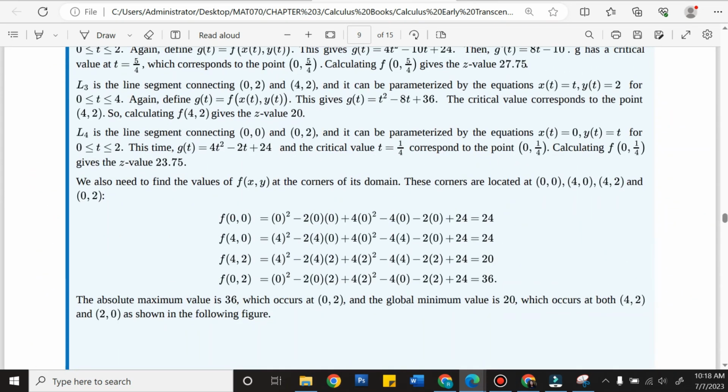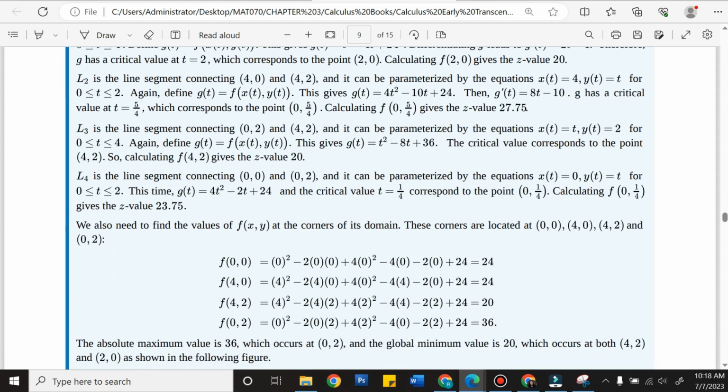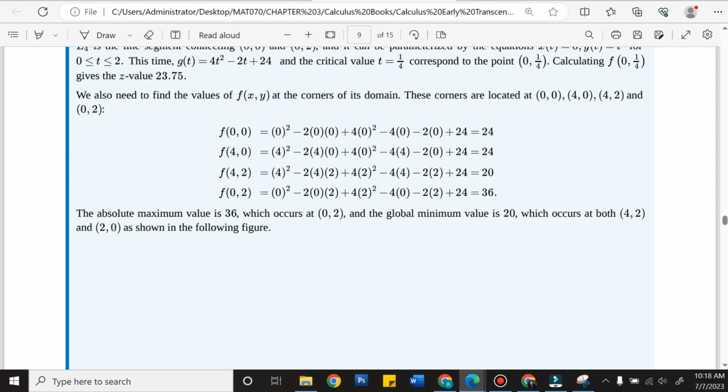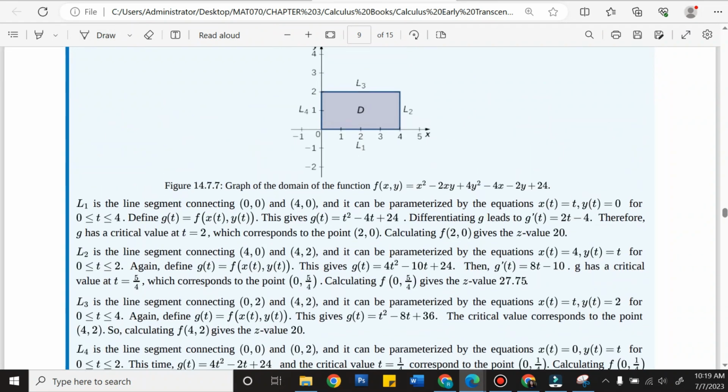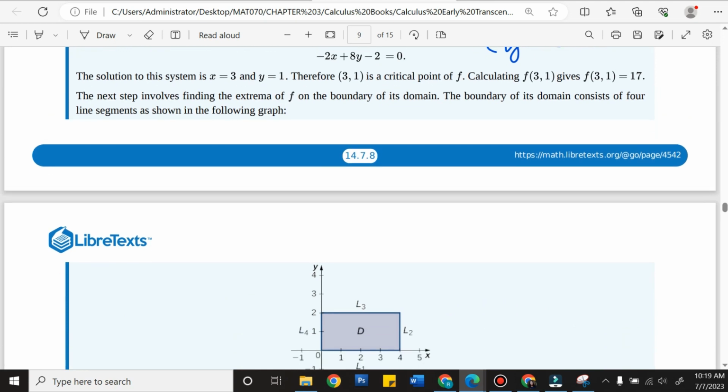So, for the maximum and minimum values, class, we will still use the bounds, which are 0 to 4 and 0 to 2. So, class, this is direct substitution of our values. You have a number line here for your x and y. Again, our y is 1 and our x is 3.